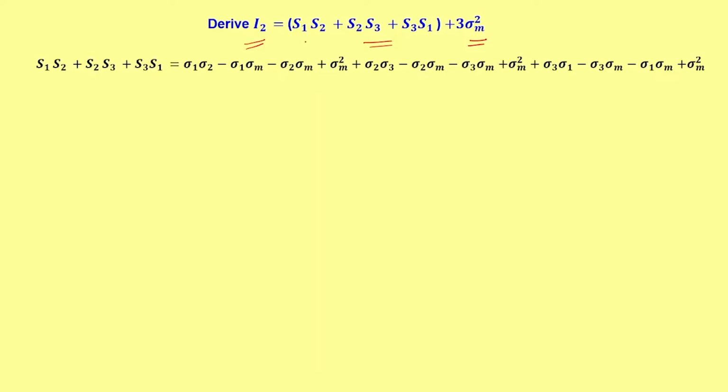We already know S1 S2 plus S2 S3 plus S3 S1. If you substitute that, for S1 is sigma 1 minus sigma m, and expand, you will get sigma 1 sigma 2 minus sigma 1 sigma m minus sigma 2 sigma m plus sigma square m plus sigma 2 sigma 3 minus sigma 2 sigma m minus sigma 3 sigma m plus sigma square m plus sigma 3 sigma 1 minus sigma 3 sigma m minus sigma 1 sigma m plus sigma square m.